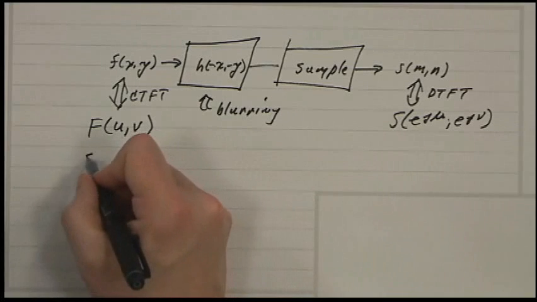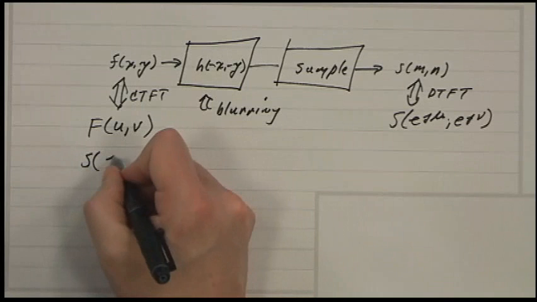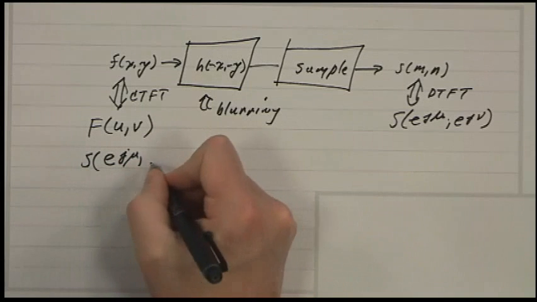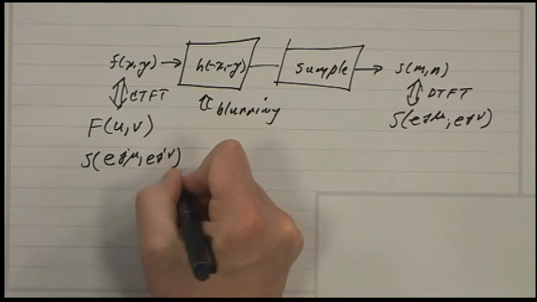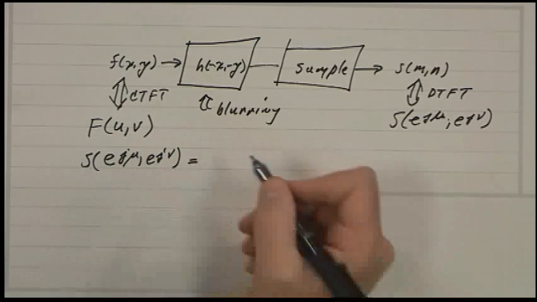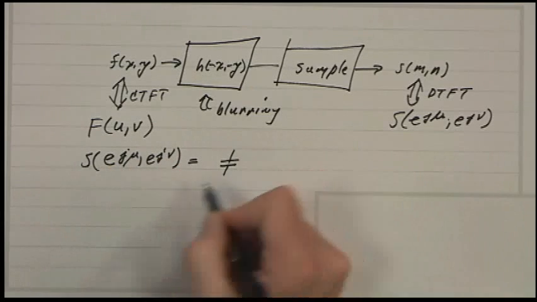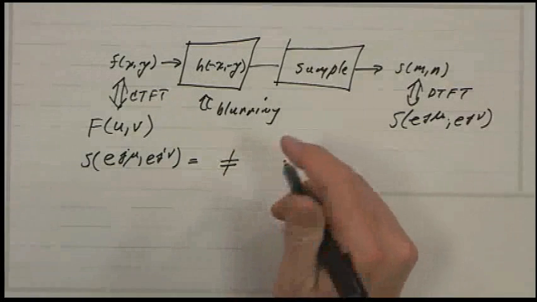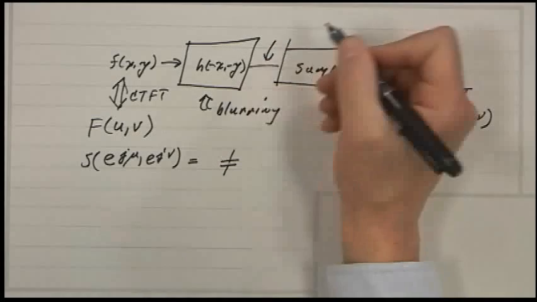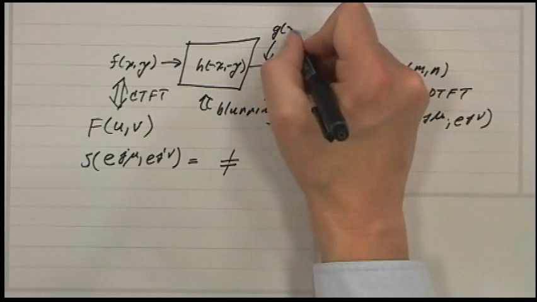So S of e to the j mu, e to the j nu, we know that that's equal to 1 over T of the signal that was sampled. So this is g of x, y.